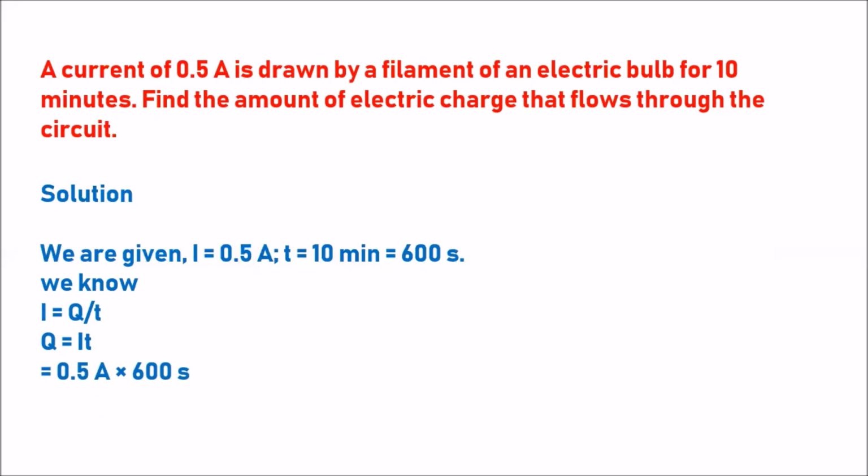So 0.5 is nothing but half. What is half of 600? Yes, it is 300, and the Q value is 300. What is the SI unit for charge? It is the Coulomb. Answer: Q is equal to 300 Coulomb. Like that you need to solve numerical problems related to current.